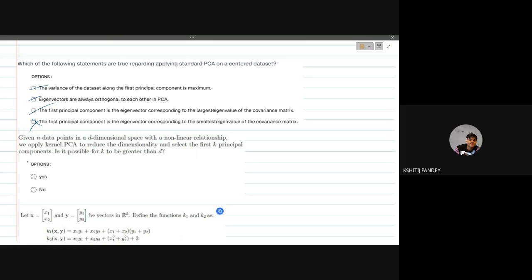So is this idea clear? Is it clear to you all? Is it clear?